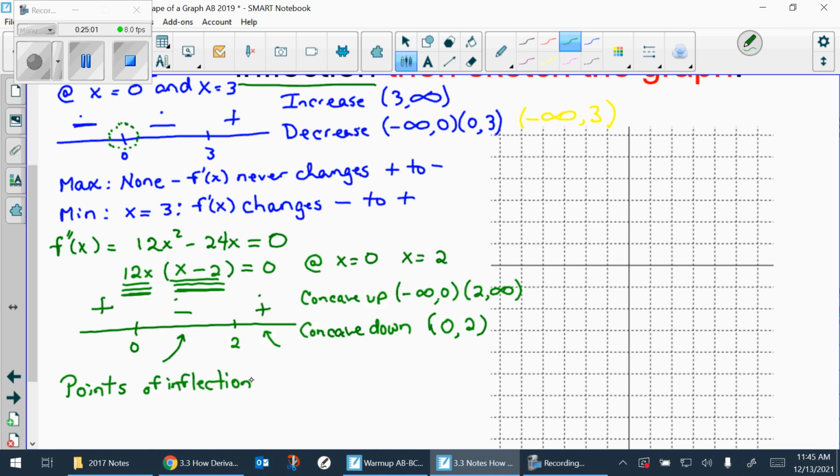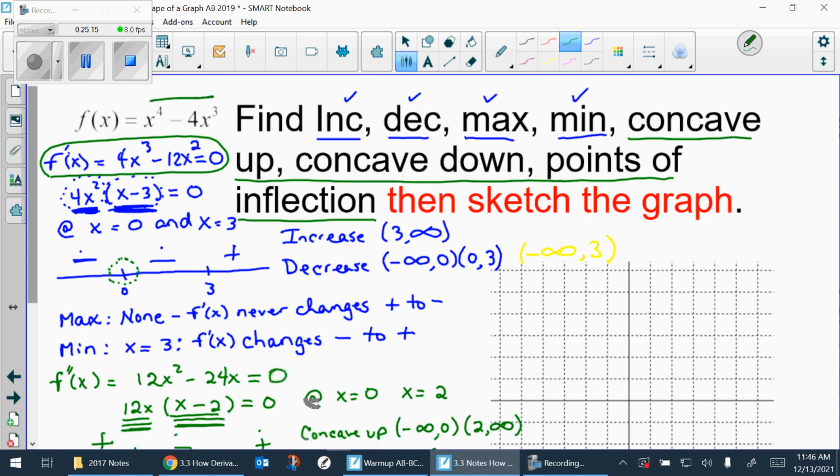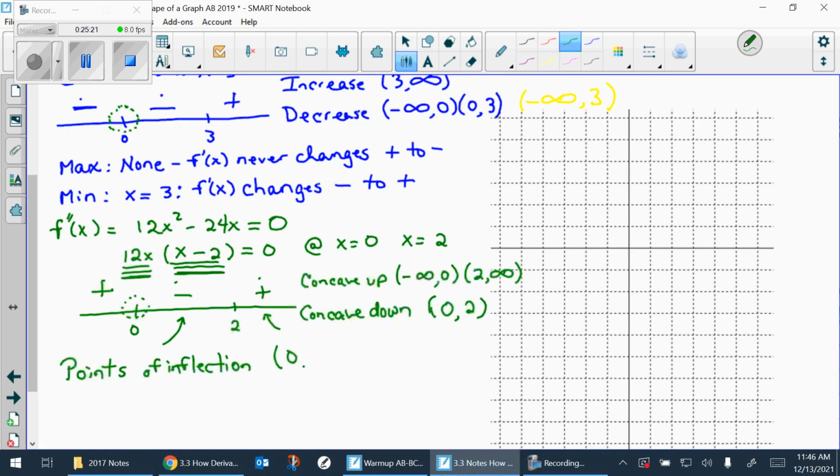If I asked for the actual point of inflection, you would say, well, it looks like one is happening here at x is 0. And when x is 0, coming back up here to our original function, it looks like y would be 0. I might be asked to explain why.